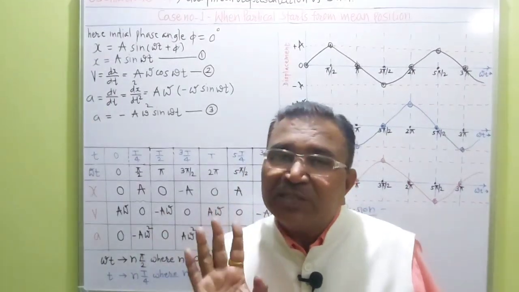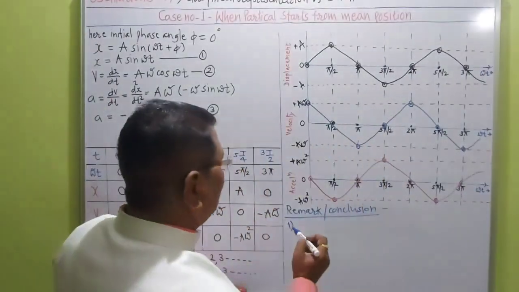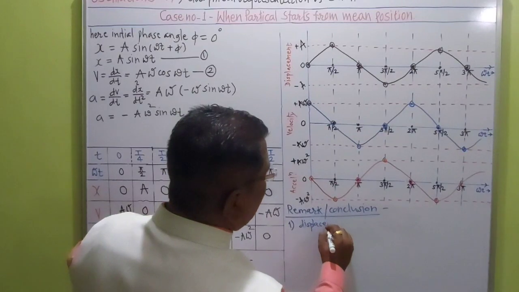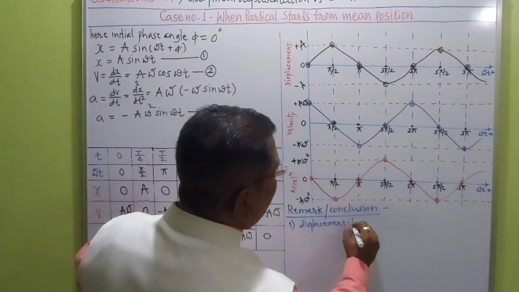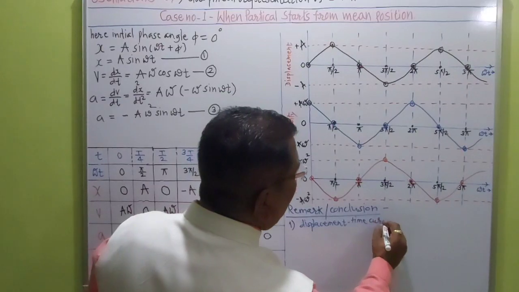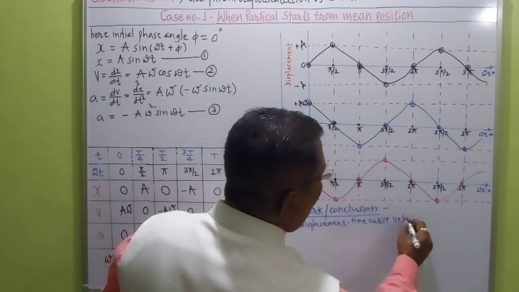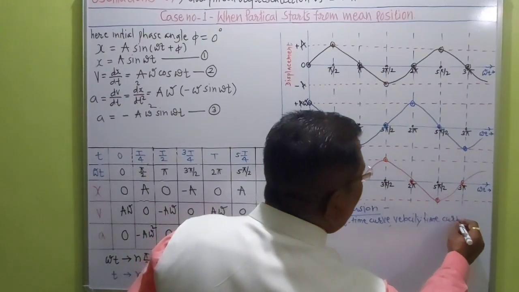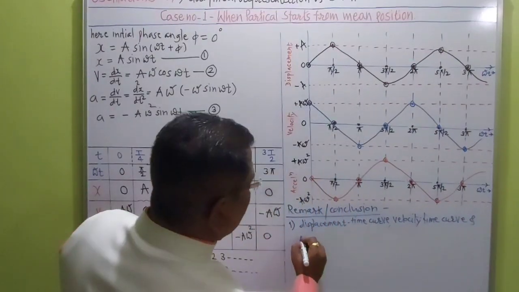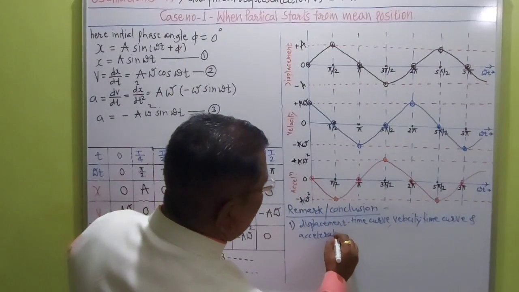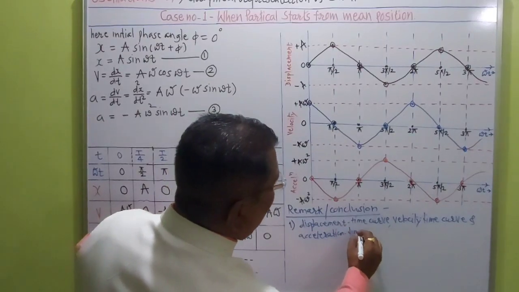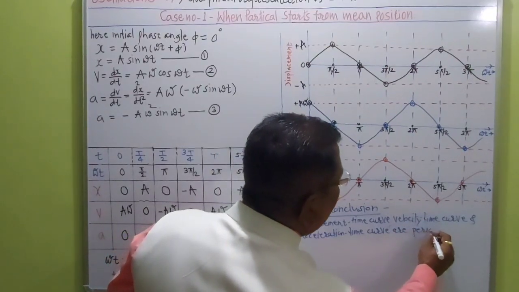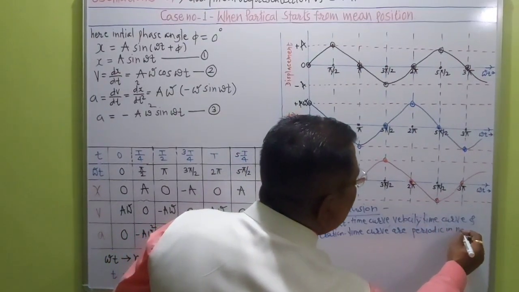We will write these two conclusions at first. Number one, displacement time curve, velocity time curve and acceleration time curve are periodic in nature.